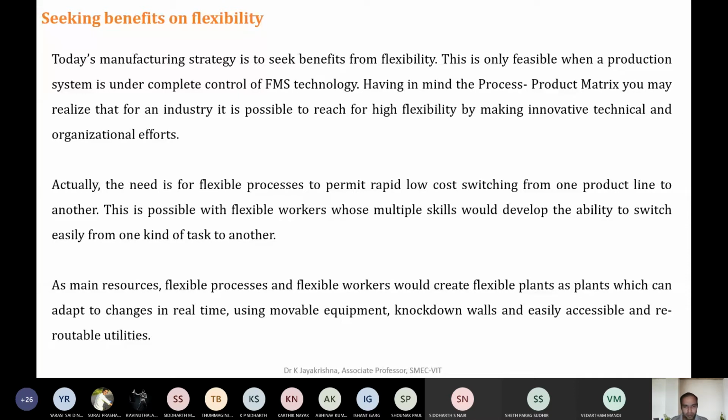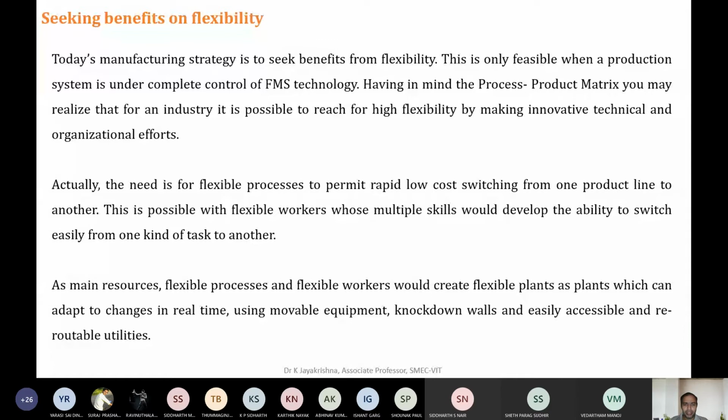So how well your company can switch over, at low cost, if you are able to change or arrange your shop floor depending upon the flexibility, then your company is really flexible.